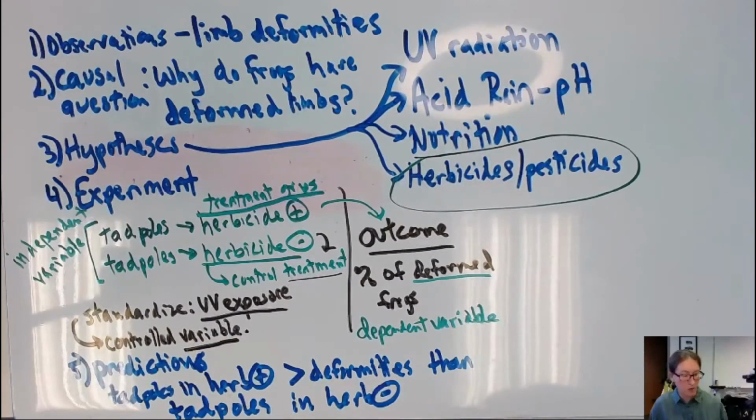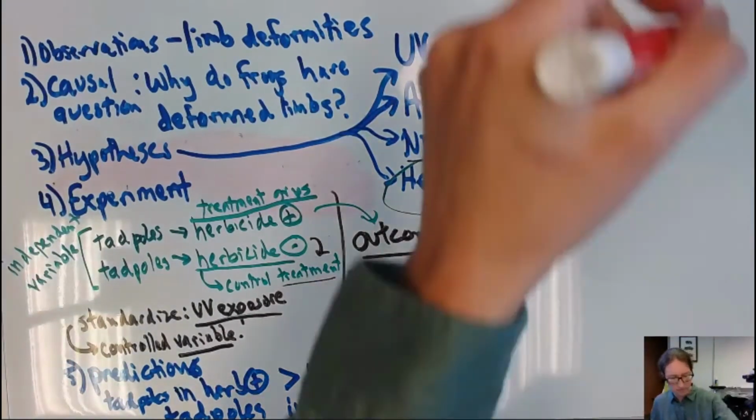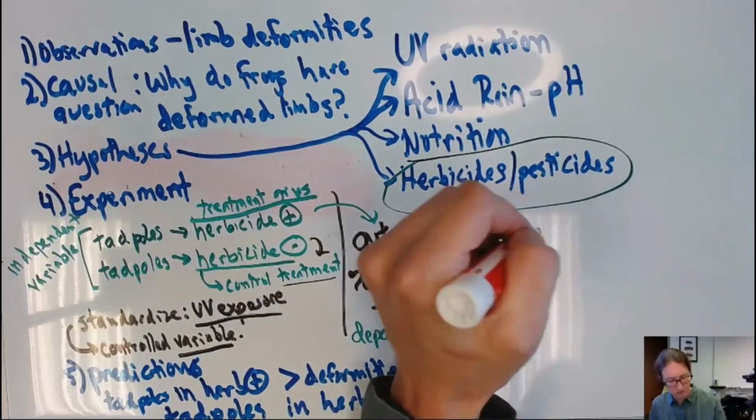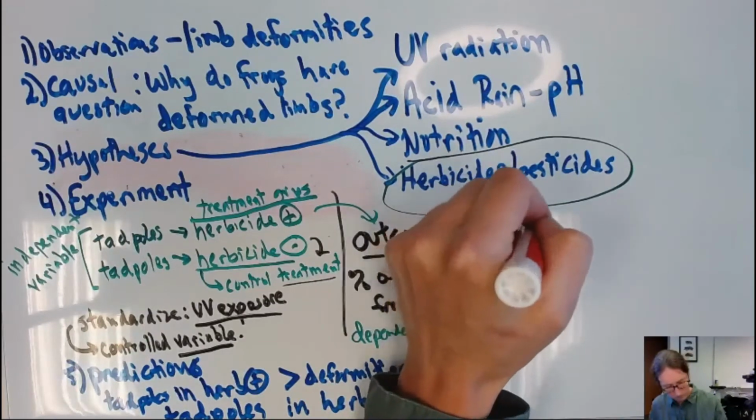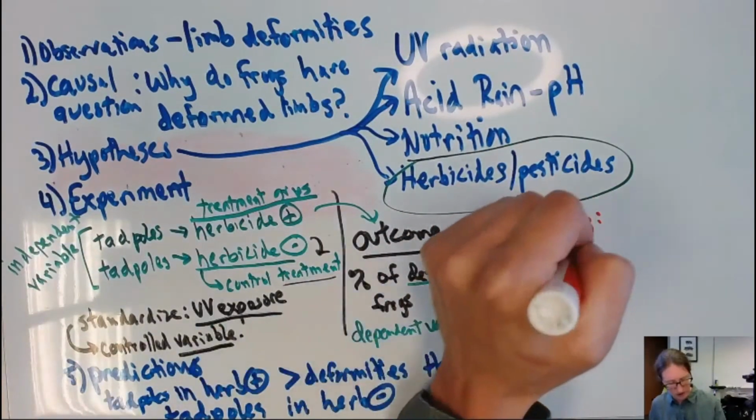Okay, so now that we've explicitly stated our prediction, we can go ahead and conduct this experiment and get some results. So let's say we use an herbicide called atrazine.